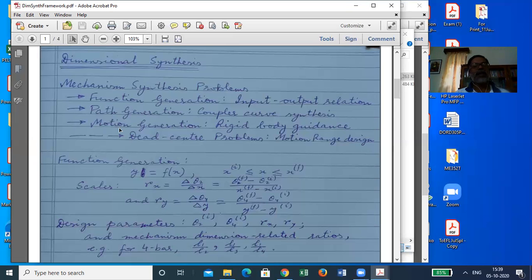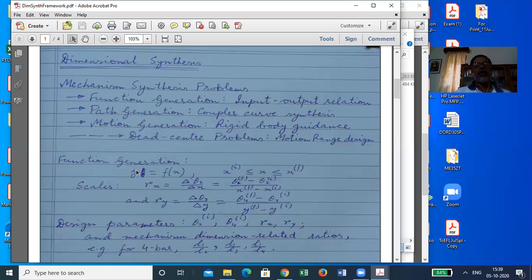So let us try to understand that first in proper detail through the problem of function generation, and then we will see, because in function generation that whole thing fits best, and then that same thing we will try to see how we can port path generation and motion generation problems also in this framework. Okay.